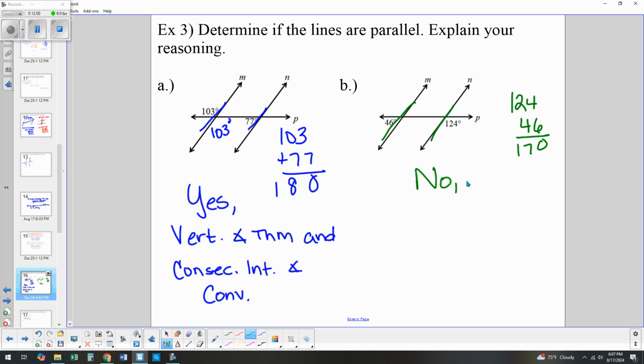So I'm going to say no, the consecutive exterior angles, because that's what those are, are not supplementary. Right? So that's showing that I know what the relationship should have been if they were to be parallel, and saying why it is not fitting that reason.